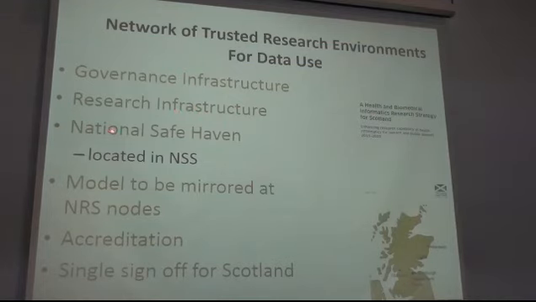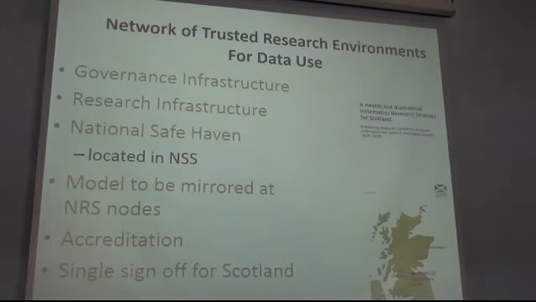We're talking about safe havens where we actually do the data analysis.